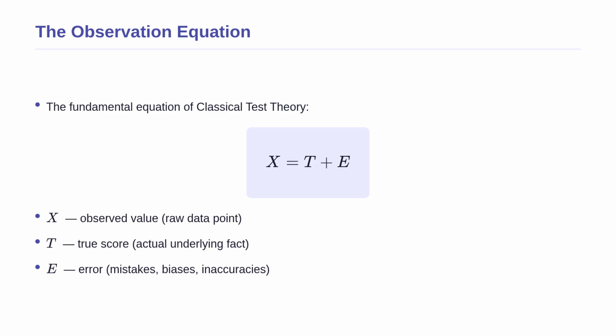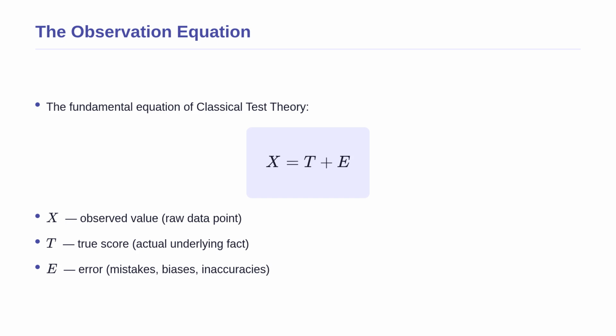This concept is represented by a very simple but powerful equation. X equals T plus E. Let us break down where this comes from and what each symbol means. The symbol X represents the observed value, which is the raw data point you just measured in your experiment. The symbol T represents the true score, which is the actual underlying fact or reality you are trying to discover.